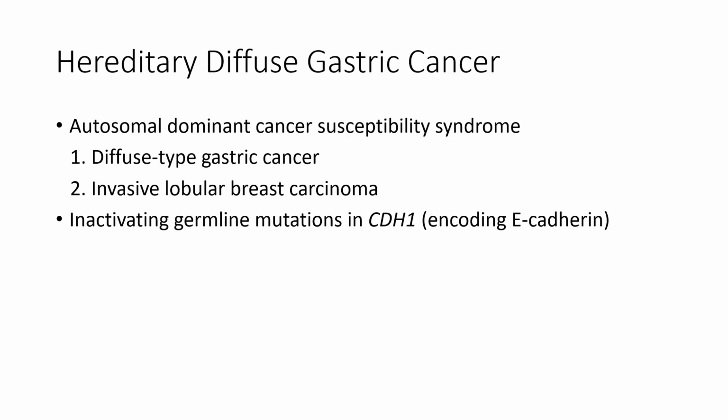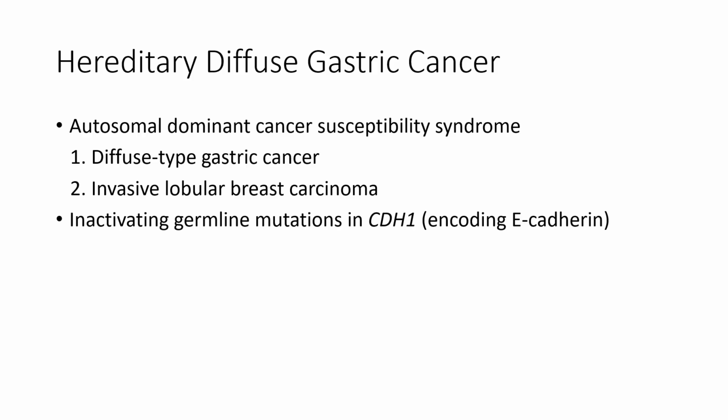Hereditary diffuse gastric cancer is an autosomal dominant cancer susceptibility syndrome where patients are at increased risk of developing diffuse type gastric cancer and invasive lobular breast carcinoma. In hereditary diffuse gastric cancer, the patients have germline loss of function mutations in the tumor suppressor gene CDH1, which encodes E-cadherin.